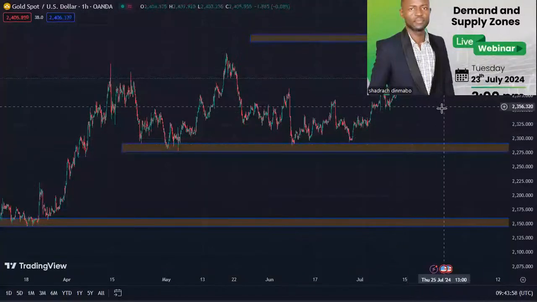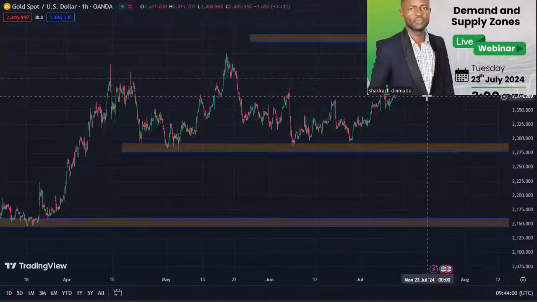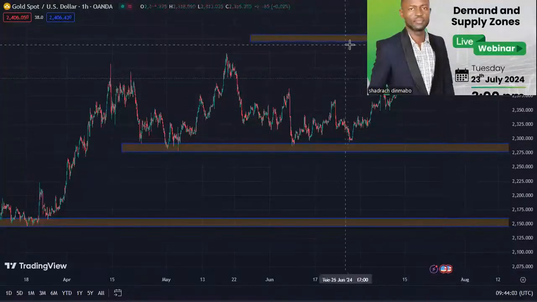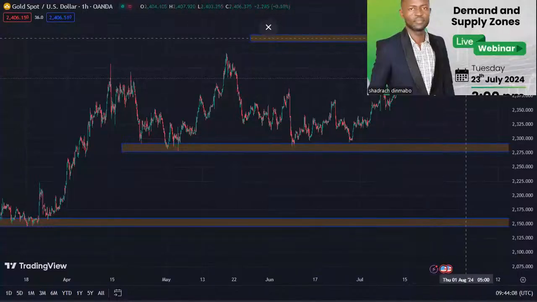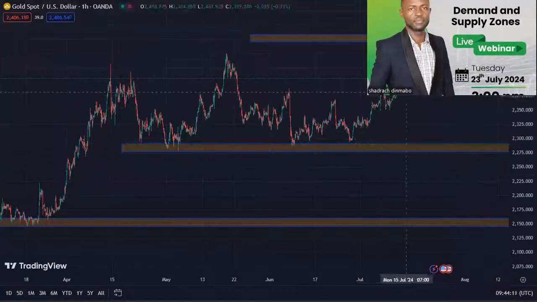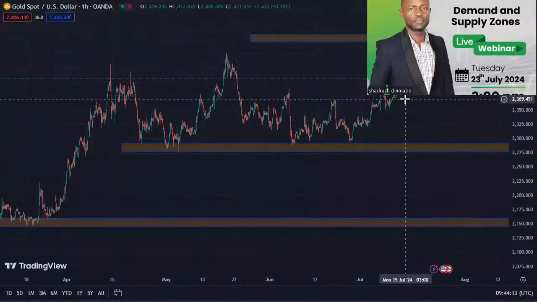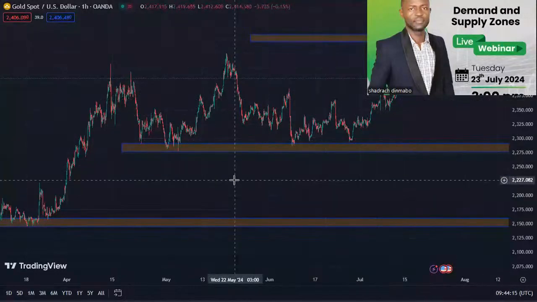This market may move from here, go down and take off this supply zone, invalidating it, and make another high, probably. Or it may make a lower high, push down and invalidate this other demand zone. So that's the concept of zones, and that is how we draw different zones.